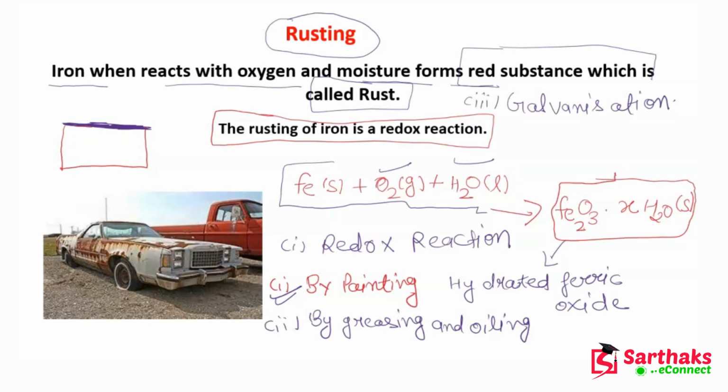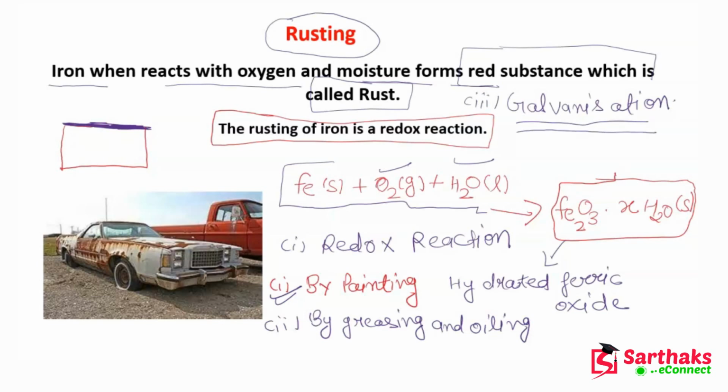Basically, galvanization is nothing but if I paint a coating of zinc above the iron, or you can say if I make a layer of zinc over the iron, then this process will be known as galvanization.